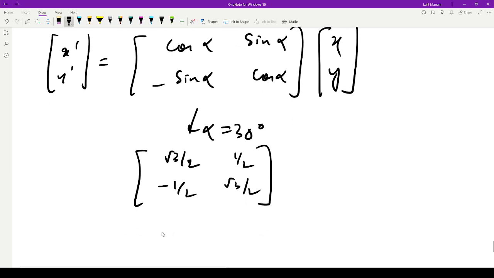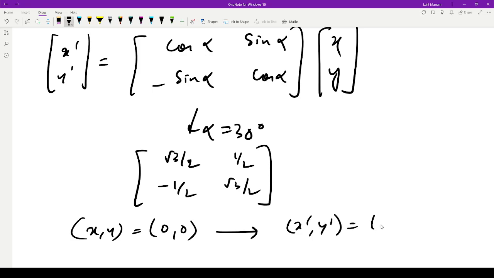We have this transformation here. We need x prime y prime for 0 comma 0. The transformation will be just multiplication with zeros, right? So my x prime y prime will also be 0 comma 0.